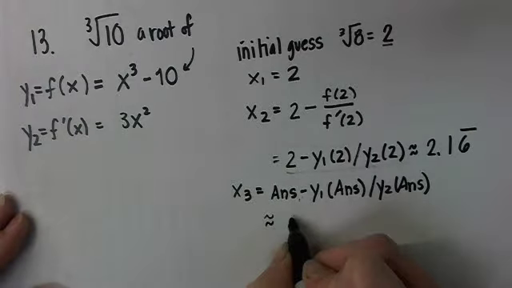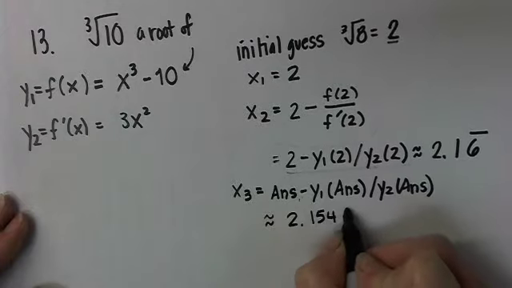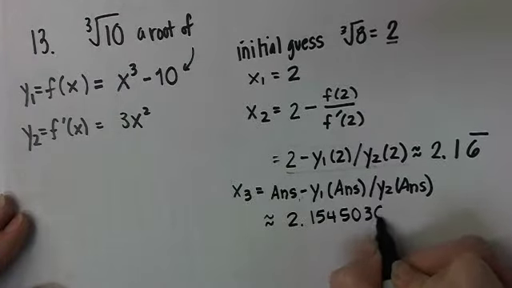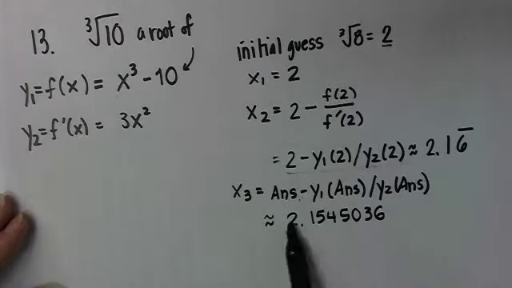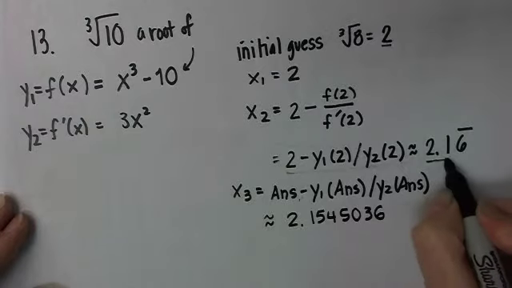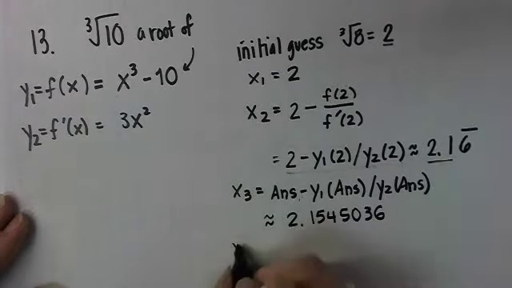All right, so then what that approximation gives us is 2.1545036. Okay, so what agrees with the answer above it? The 2's agree and the 1's agree, so now we've got it accurate out to 2 decimal places.